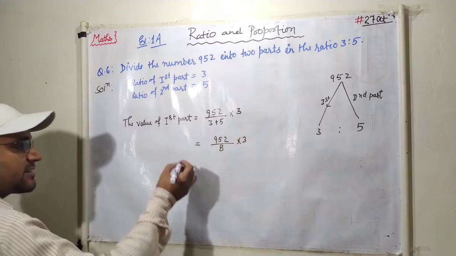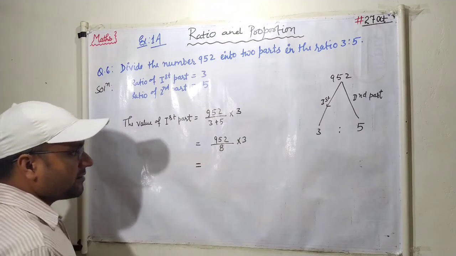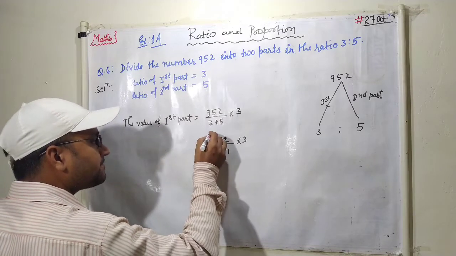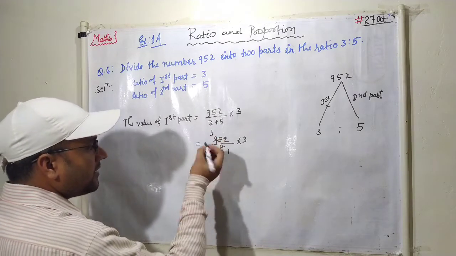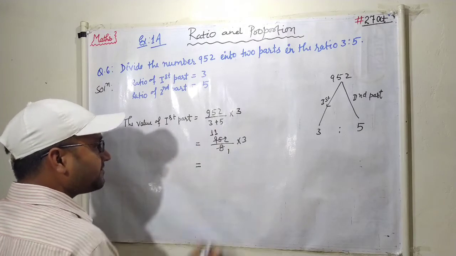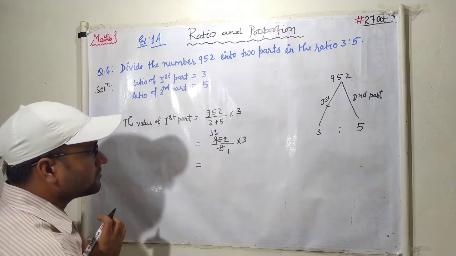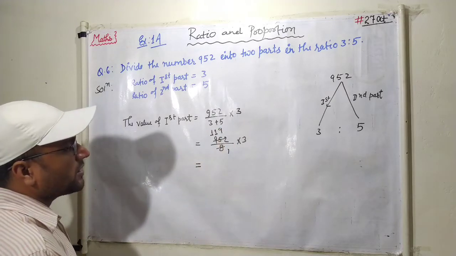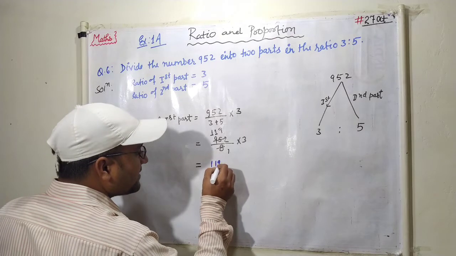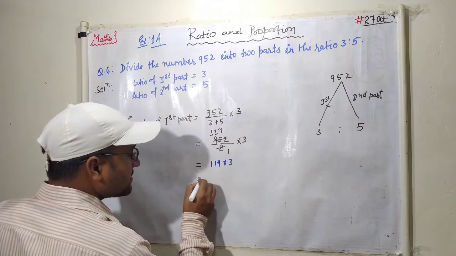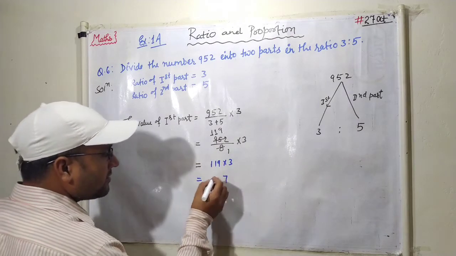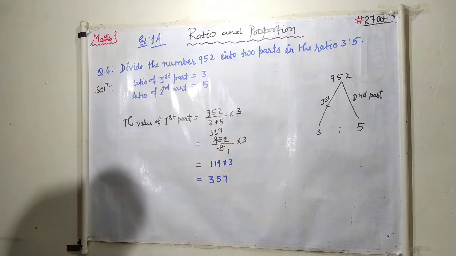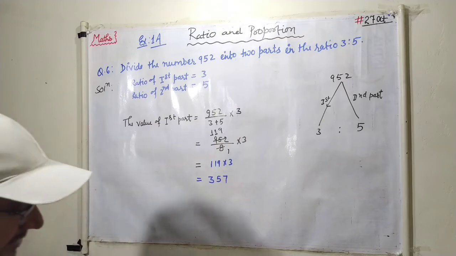If it cancels out, 8 ones are 8, again 8 ones are 8, 8 nines are 72. So here you will get 119 multiplied by 3. 9 threes are 27, 2 carry, 3 ones are 3 plus 2 is 5, so 357. The value of the first part is 357.